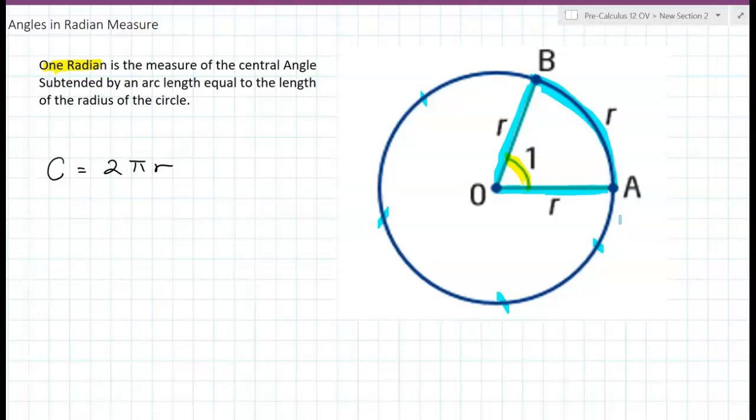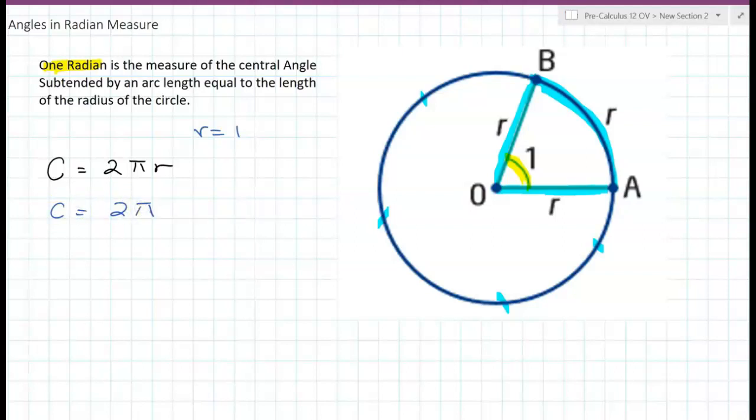And then we're going to go through this part and show you what is the actual relationship between that and the actual degrees. So we do know that the circumference of the circle is 2 pi r, and the radius is 1. So the circumference will be 2 pi.